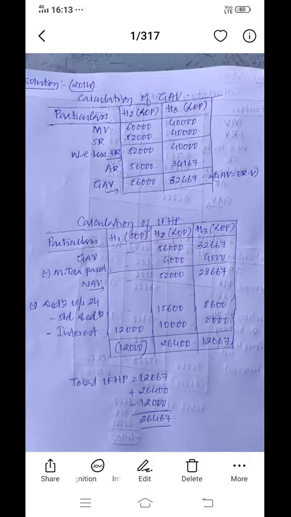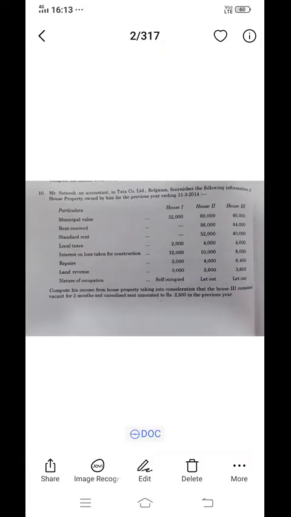Why? Because for house 3, the actual rent is 44,000 divided by 12. Divide by 12 and you will get the per month rent, because 44,000 is the one year rent.